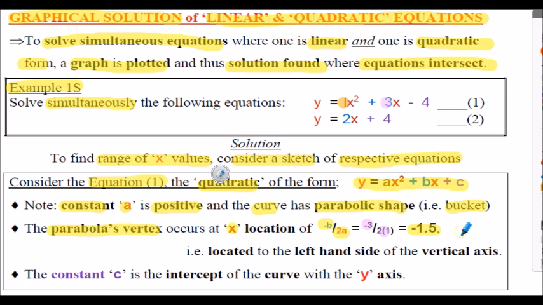We'll show how that's used in a moment on the next slide. That means that the vertex is located to the left-hand side of the vertical axis, the y-axis. And constant c, again from a previous presentation, relates to the intercept of the parabolic curve with the y-axis. And so the intercept here is negative 4 on the y-axis.